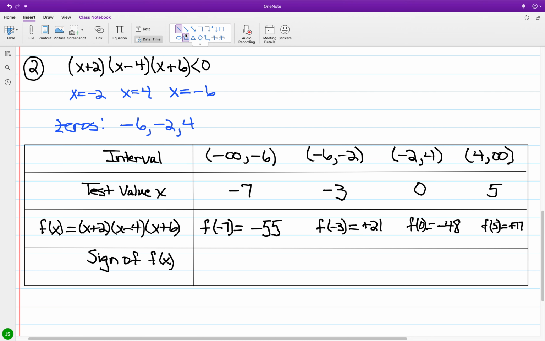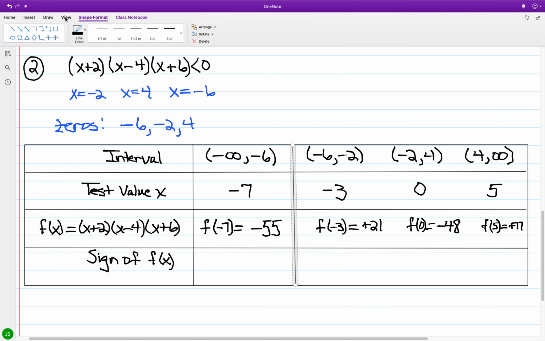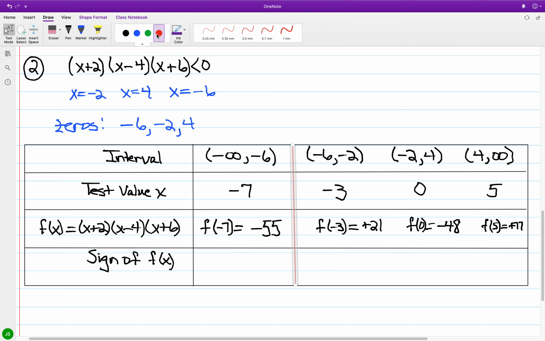Taking what we have now, for f of -7 equal to -55: anything you plug in less than -6, the output is going to be negative, so f of x is less than 0. For the next item, you have a positive, so f of x is greater than 0.